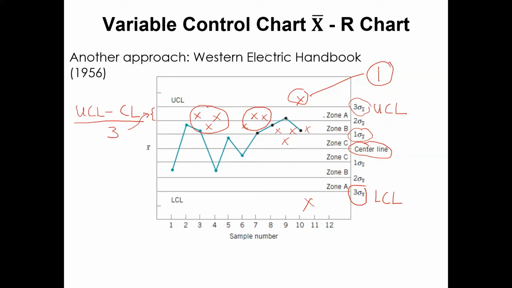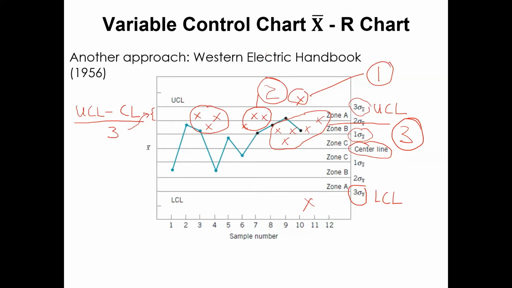It could be like this, 5. If 4 out of 5 points go beyond the 1 sigma level, then that is another indication of abnormality. And this is the third rule of Western Electric.